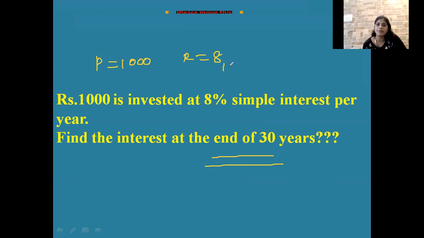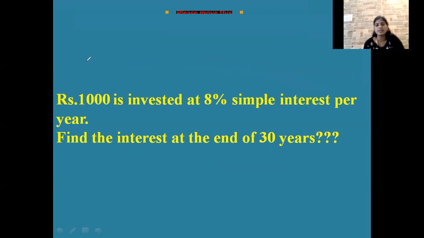What you have to do is calculate the simple interest for each and every year, like 1, 2, 3, 4, 5, and so on up to 30. You would be performing the same calculation over and over again 30 times, which is really time consuming and boring. So you can utilize the arithmetic progression formula to save time in calculating the interest at the end of 30 years.